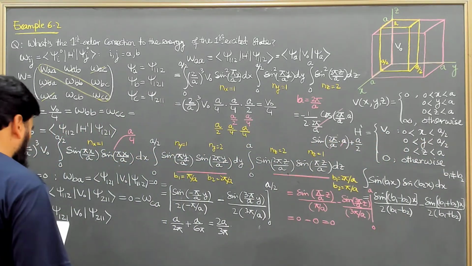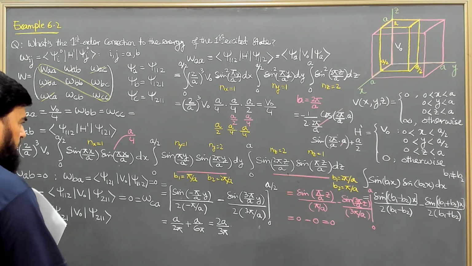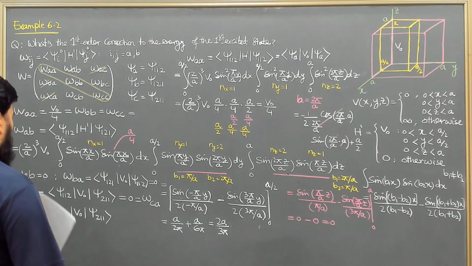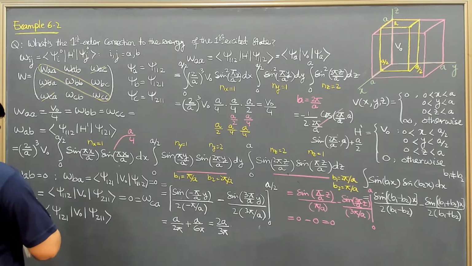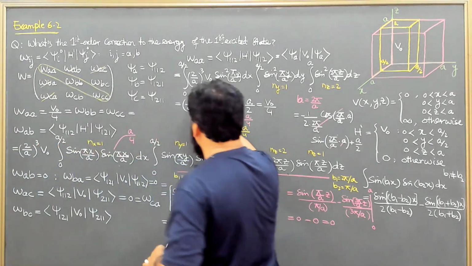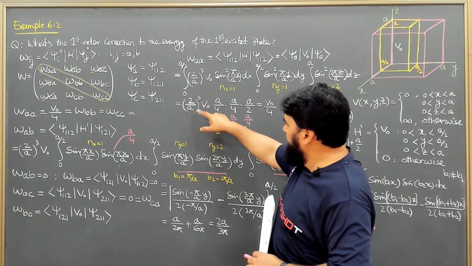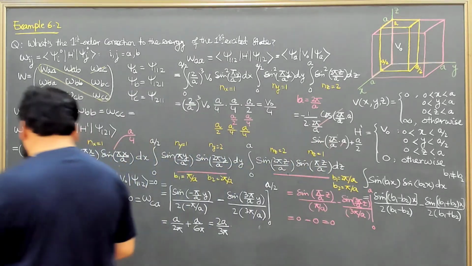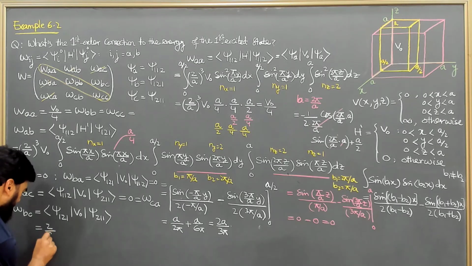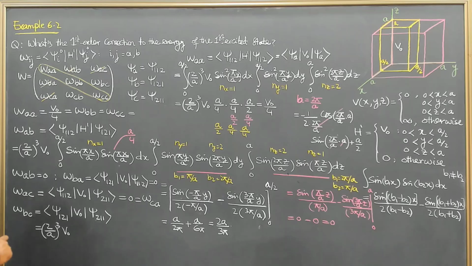That means this doesn't need any calculation, but we can see this directly. For the first term, we are having 2 over a cubed, which will come as it is, then V naught. So let me write 2 over a in cube and V naught. This will come as it is.